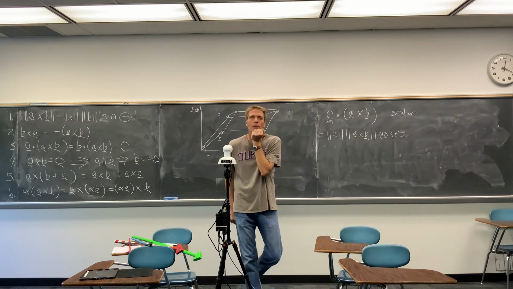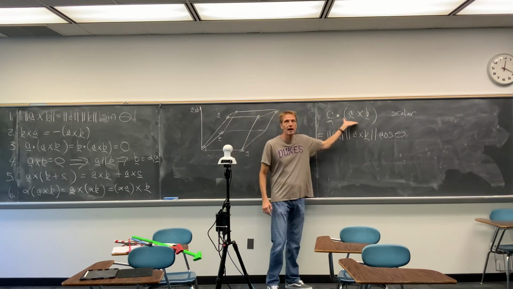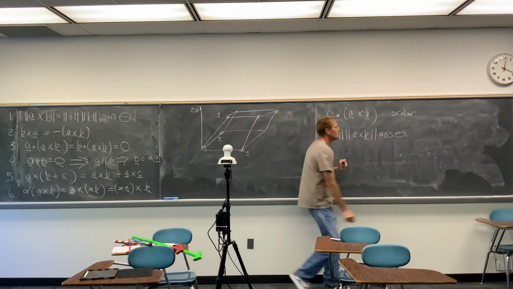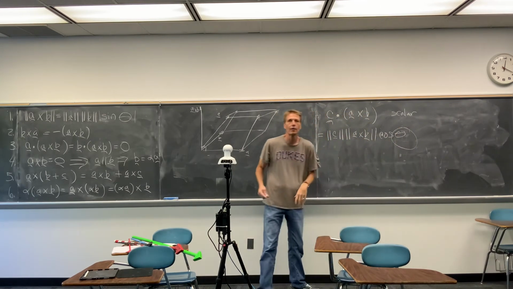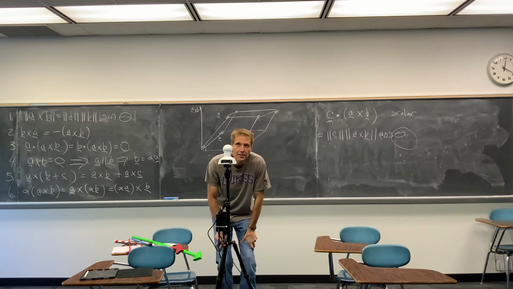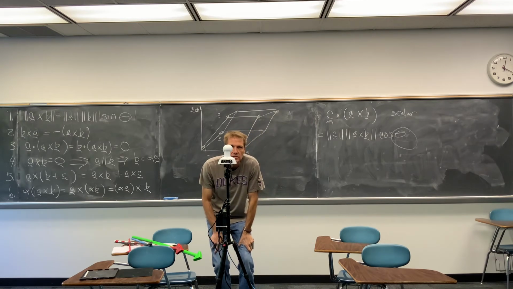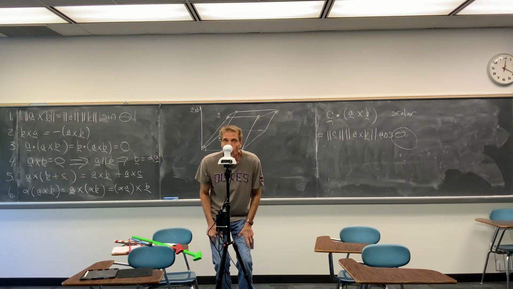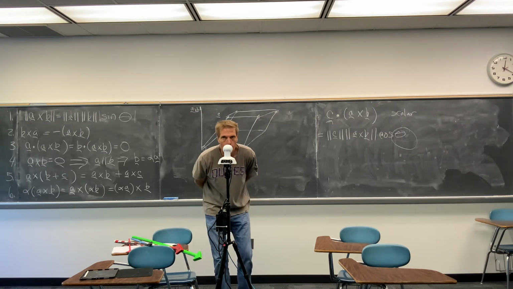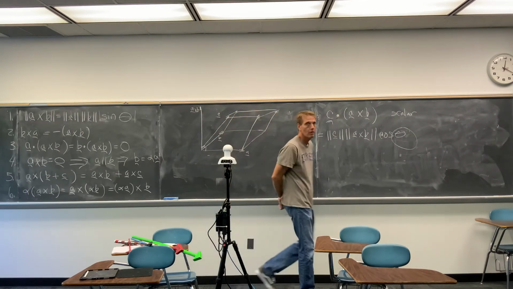If you're looking here, C dot A cross B is equal to this, but geometrically, I need to know where that angle theta is. Where's that angle theta, guys? Is it the angle between the vector C and A cross B? Very good, Gordon. It's the angle between the vector C and the vector A cross B. Try to mark theta in your diagram.